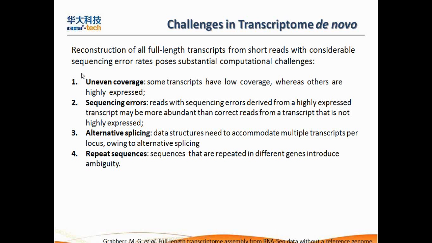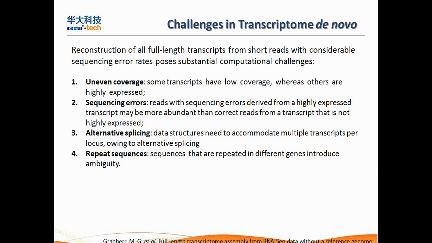And also, because of this uneven coverage, the sequencing error becomes a huge problem, because the sequencing errors in those highly expressed regions can be very abundant, even more abundant than the correct sequence from the low coverage transcript. So this is the second problem. And also we all know that there is alternative splicing in the transcriptome.